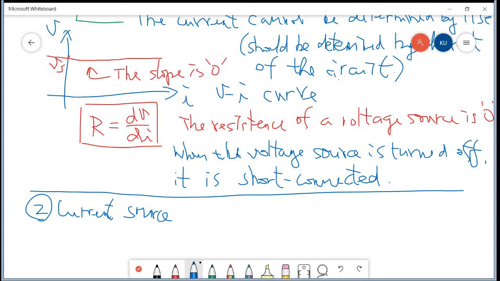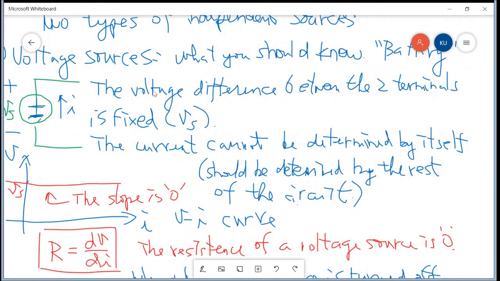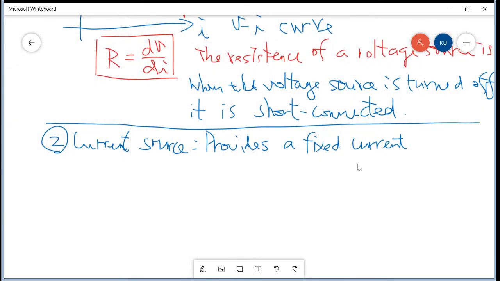The current source provides a fixed current. The voltage source provides a fixed voltage, but the current source provides a fixed current.